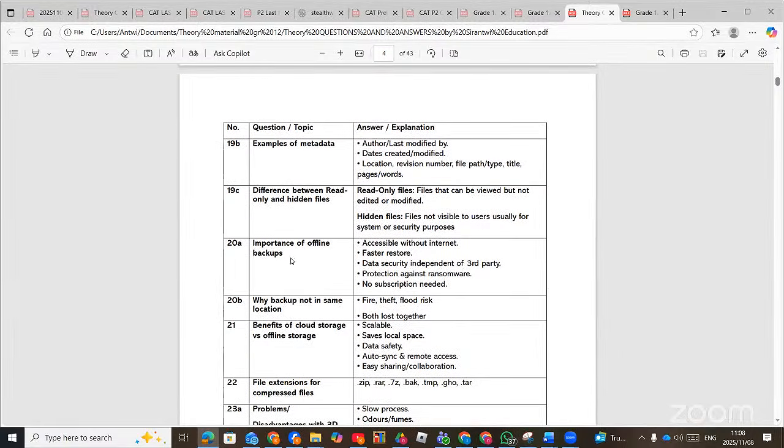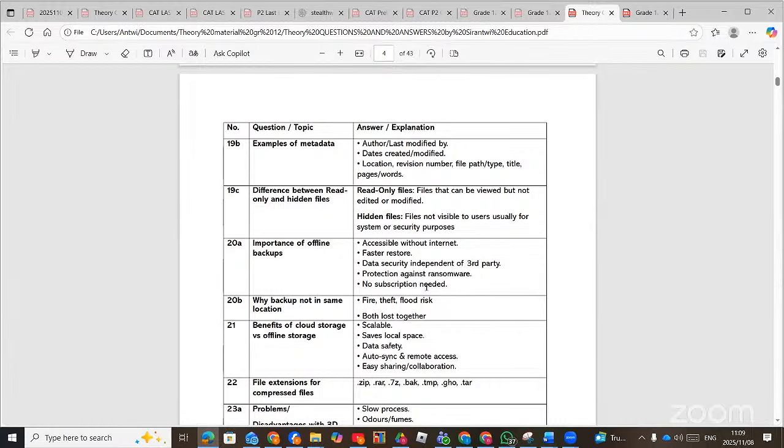Importance of offline backup. Why do you have to backup offline? You can get access without internet, faster to restore, protection against ransomware and other malware also. No subscription needed. Look at the way I gave the answers also, the keywords. You don't have to write too much.